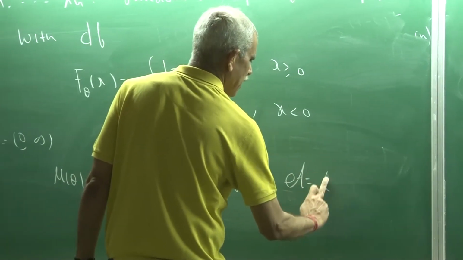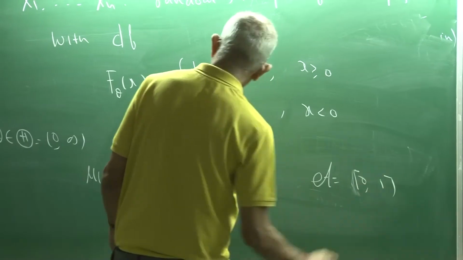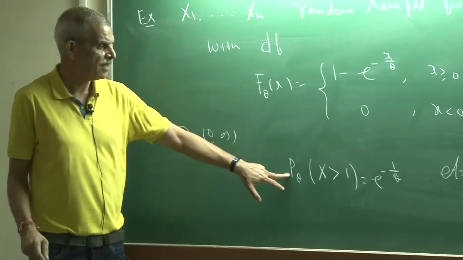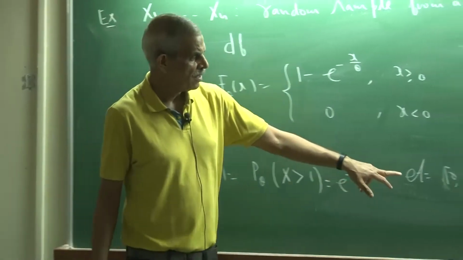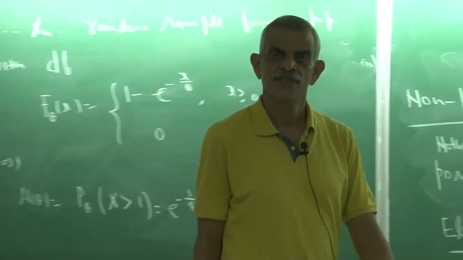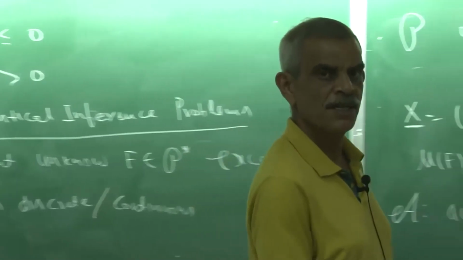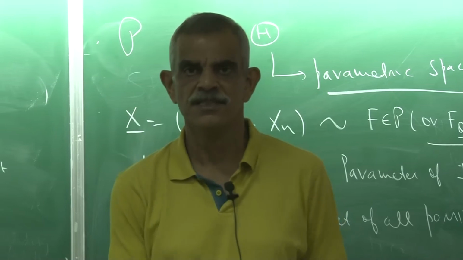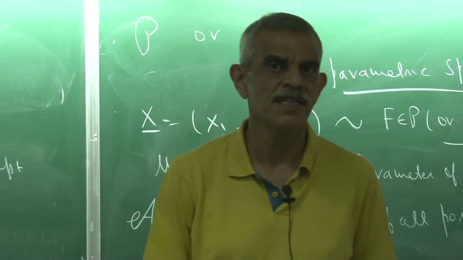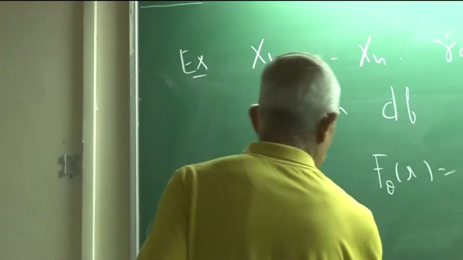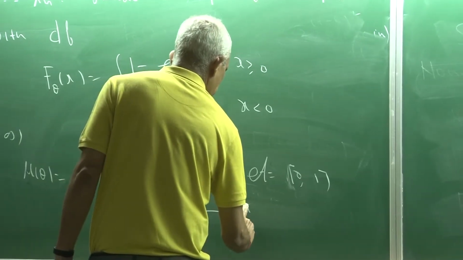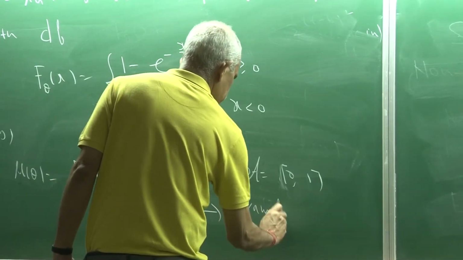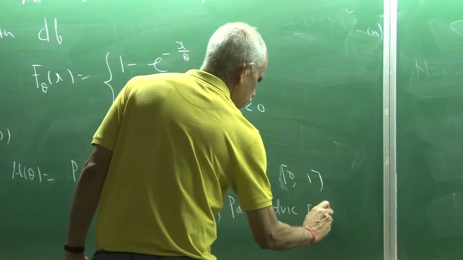Here, because probability is between 0 and 1, your estimate of mu of theta would be between 0 and 1. So after you have taken a sample, you will give one estimate whose value lies between 0 and 1. And that is why the action space here is 0, 1. So this is a parametric inference problem, an estimation problem, parametric estimation.